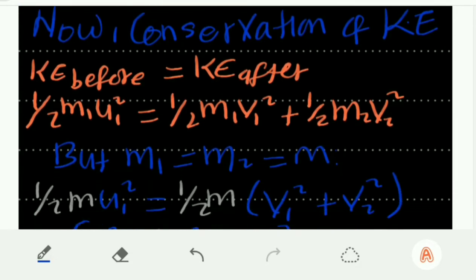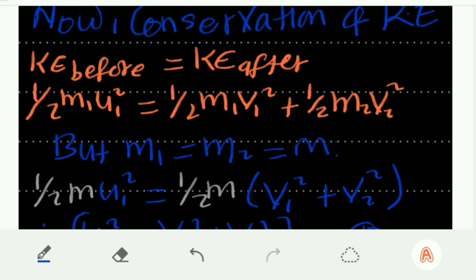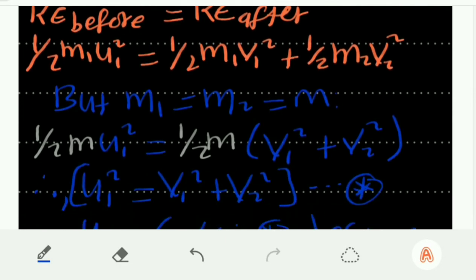We know that the masses are equal, and we have halves on both sides. As you can see, the half m is going to cancel out and you remain with u1 squared equals v1 squared plus v2 squared.